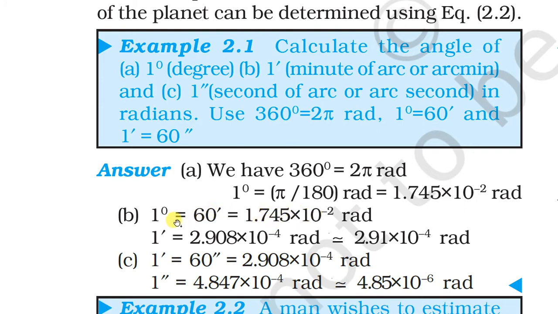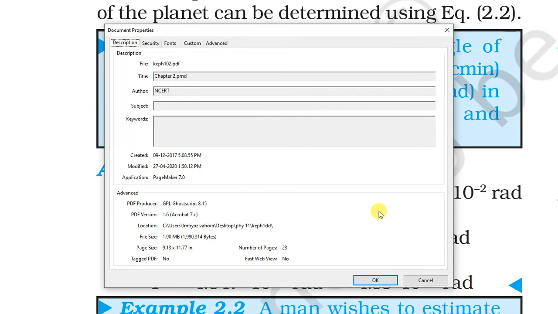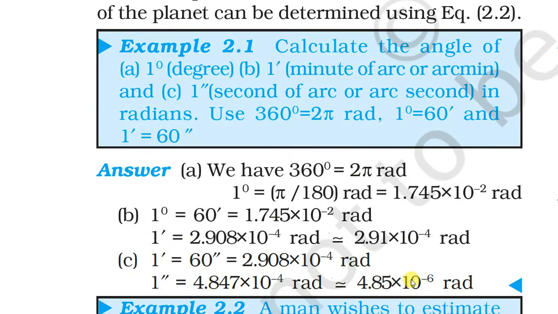To determine the value of 1 minute, we divide this by 60. It gives us 2.908 into 10 raised to minus 4 radian, approximately 2.91 into 10 raised to minus 4 radian.